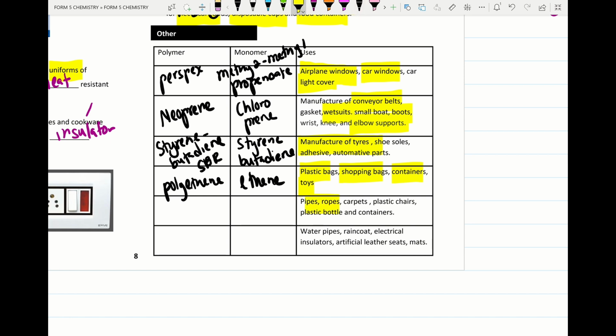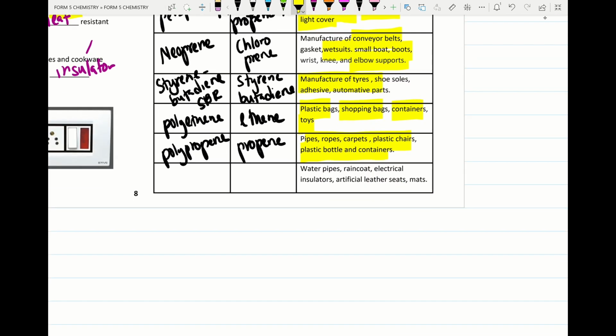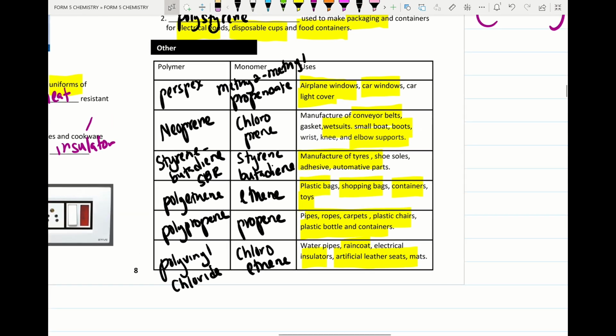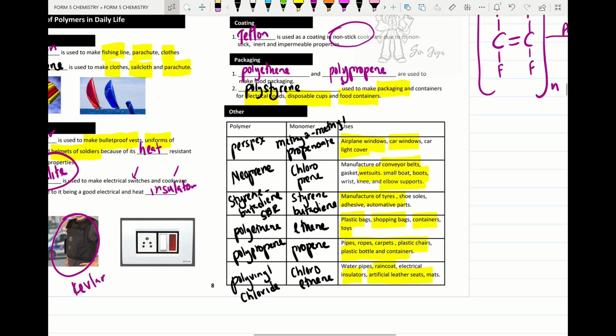Pipe, rope, carpet, plastic chair, plastic bottle, plastic container will be under polypropylene and the monomer name is known as propylene. Water pipe, raincoat, electrical insulator, artificial seat or mat will be under polyvinyl chloride. The monomer name of polyvinyl chloride is known as chloroethene. So these are the uses of polymers and their monomers that students must remember.